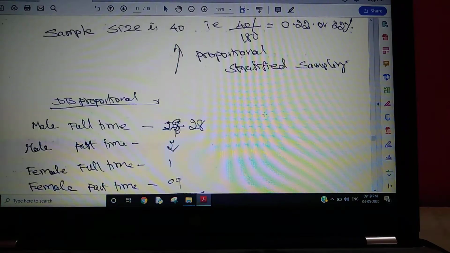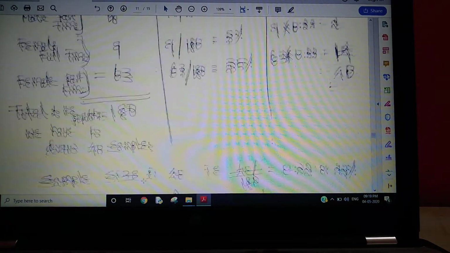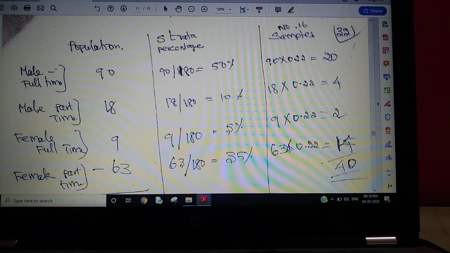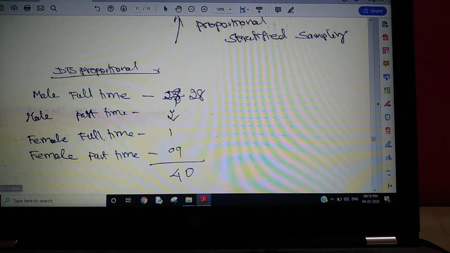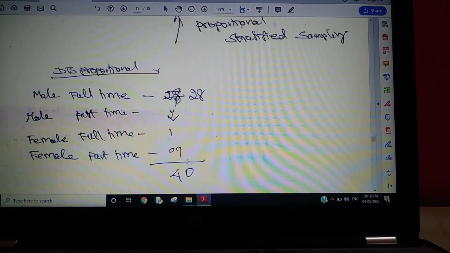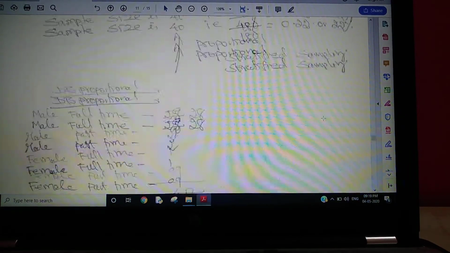If it is disproportionate, instead of 20 we are taking 28. Male part-time, in proportion it is 4, but we take only 2. Female full-time, we should take 2, but we are taking only 1. Female part-time, we should take 14, but we are not.